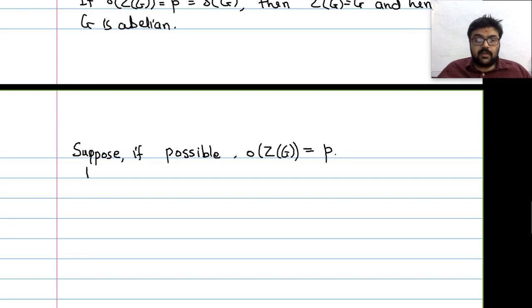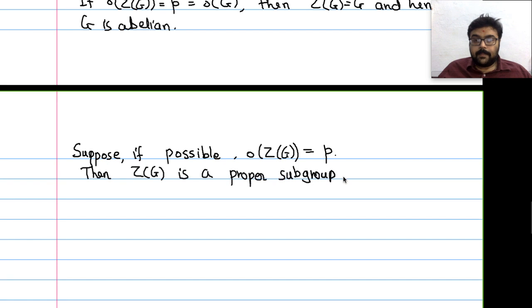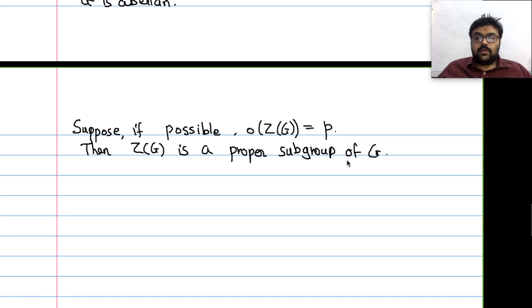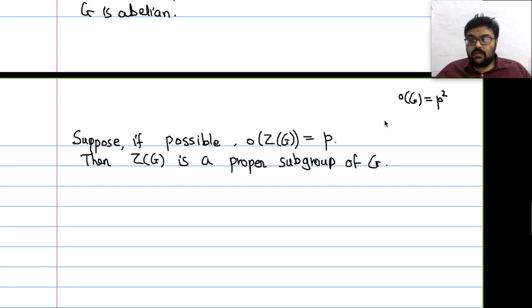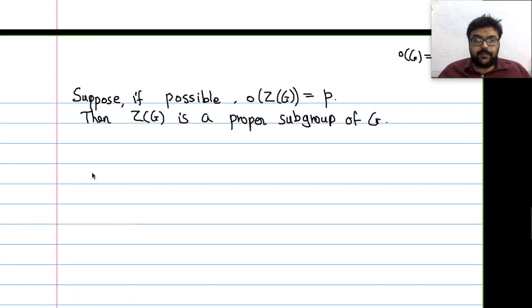Then Z(G) is a proper subgroup of G. So if it is proper, there is an element in G which is not in Z(G), because the order of G is p squared, as we have seen here, and this is p. So there is an element in G which is not in Z(G).